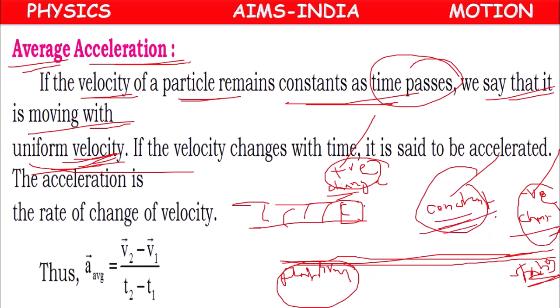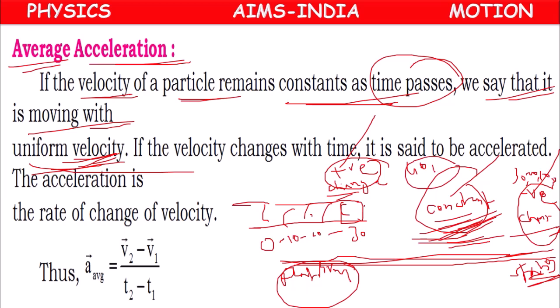Suppose it is moving from 0 km per hour, next 10 km per hour, next 20, next 30, here it is 40. For 1 hour it traveled with 40 kilometer per hour speed. Next again decreased, next 30, 20, 10, 0, like that.